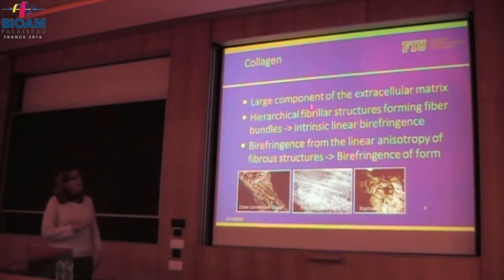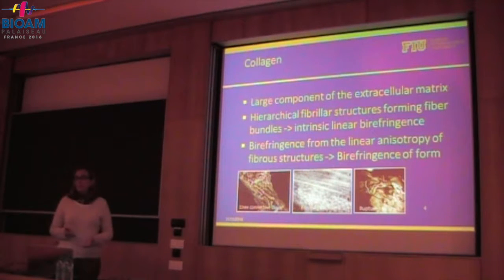One thing I will focus on is particularly collagen, which is the dominant component of the extracellular matrix, and as we know, is made of a hierarchical fibrillar structure that ultimately forms bundles, like in this case knee connective tissue, or here in the ruptured tendon you can see the bundle arrangement.